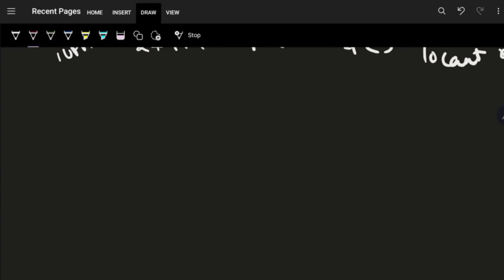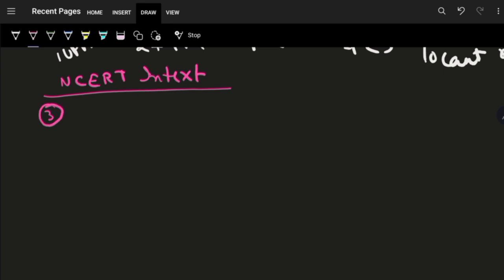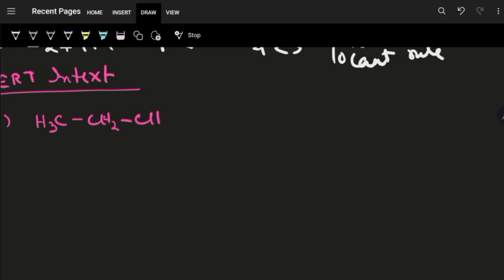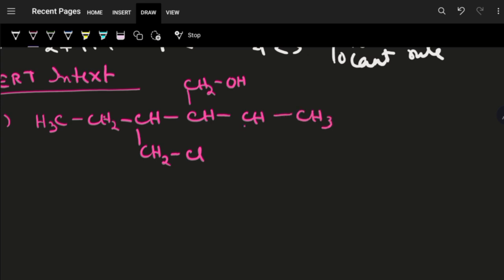So I said to see NCERT questions. Let us see the NCERT in-text question number 3. There, in the first one, we are seeing CH3, CH2, CH, and here there is a CH2Cl, here there is CH, here there is CH2OH, see where OH is, and a CH, CH3, CH3.